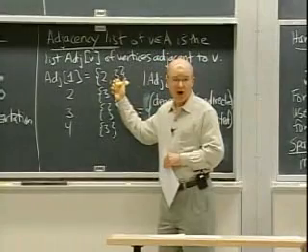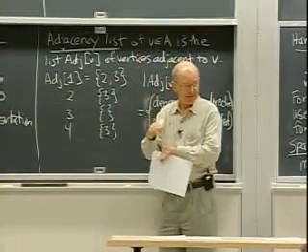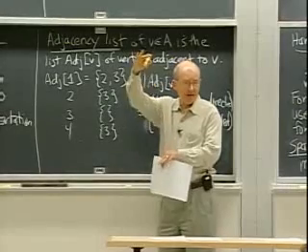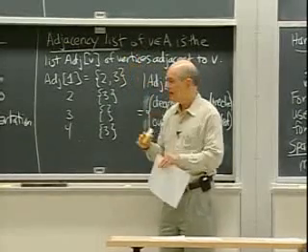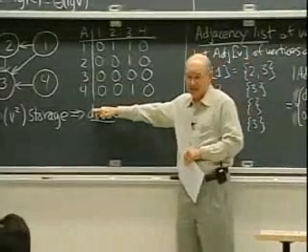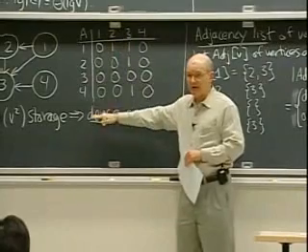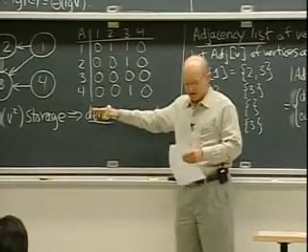You'll need order log of V to be able to name each different vertex. Okay, the log of the number is the number of bits that I need. So there are places where this is actually a far more efficient representation. In particular, if you have a very dense graph, okay, this may be a better way of representing it.